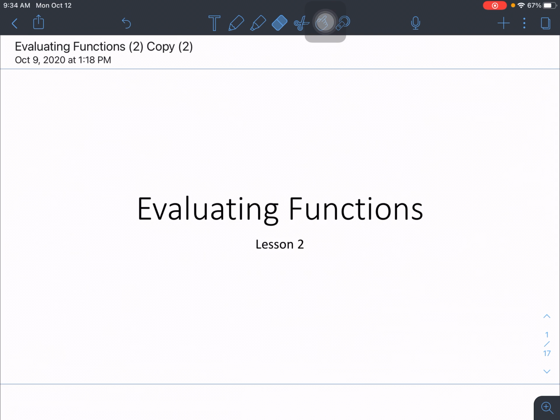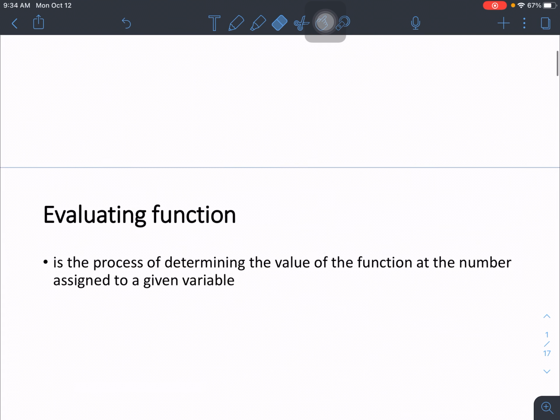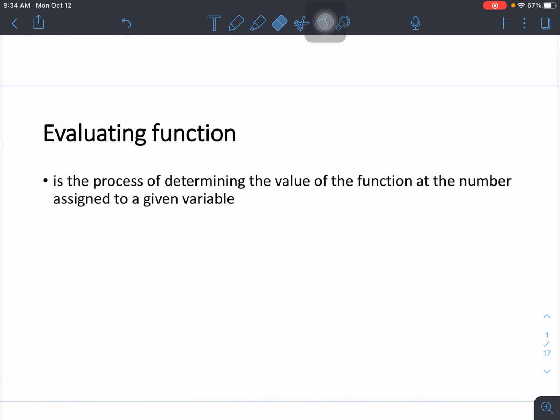Good day. So today we will be learning how to evaluate a function. Evaluating a function is the process of determining the value of the function at the number assigned to a given variable. We already learned from lesson 1 how to represent a situation in the form of a function.